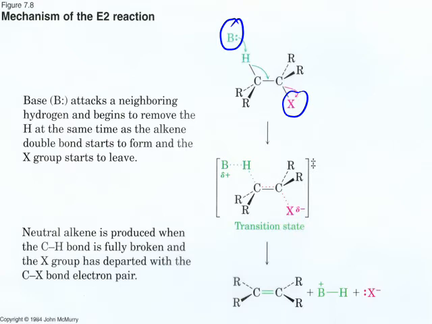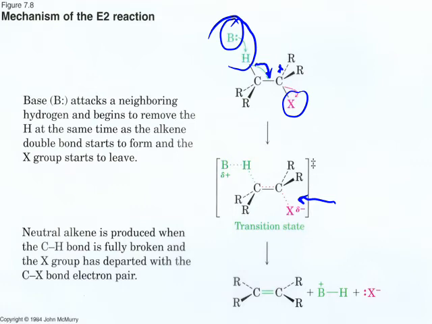As OH minus is approaching, this hydrogen would be picked up, and then this electron pair would come from this bond to in between carbon and carbon, and then this carbon would have too many bonds, so the leaving group has to leave, and then it leaves. So that's what you're seeing here in transition state. It's about to leave when H is also about to get bonded to B.